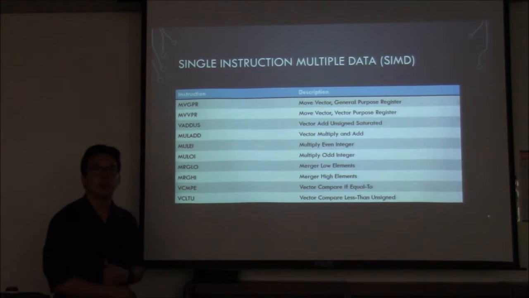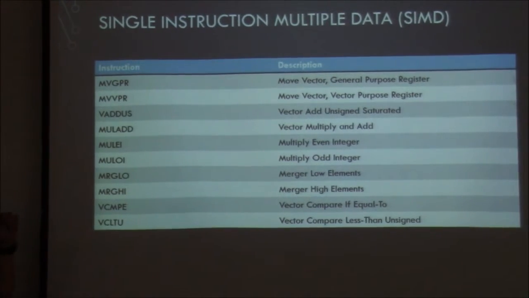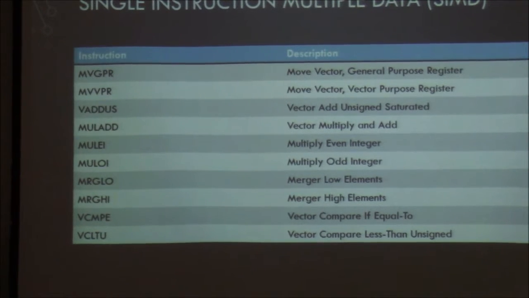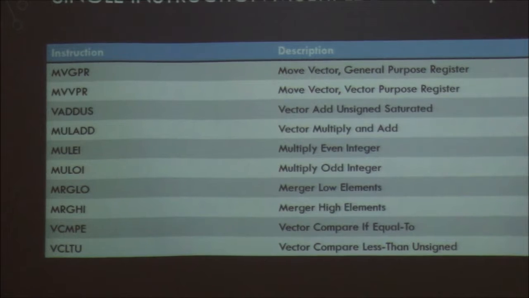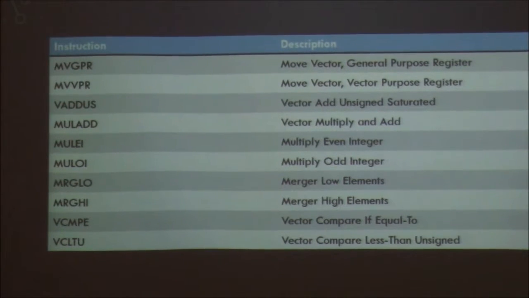And so here is the list of the SIMD instructions that I added. I added move vector, general purpose register, so that moves a vector into the general purpose register. It splits it into two. Actually, no, I got that backwards. Move vector takes two registers and puts it into a vector.